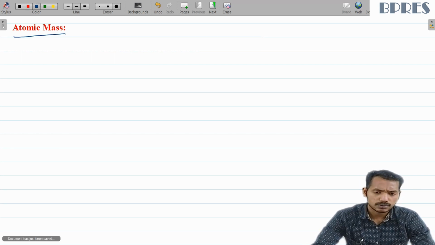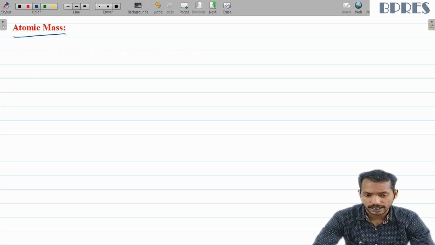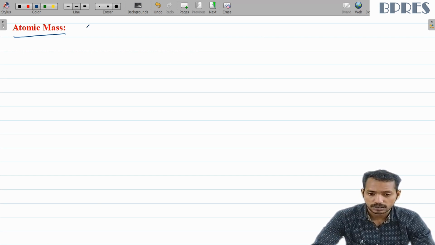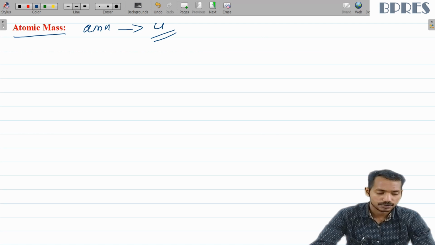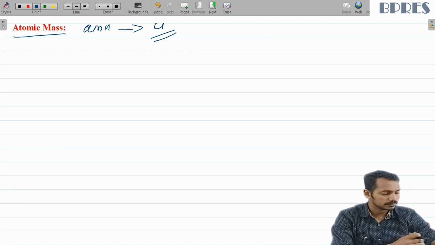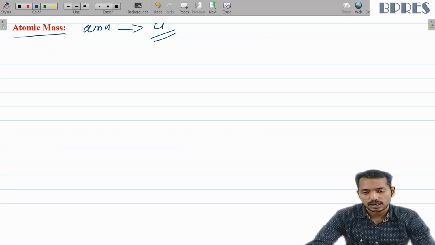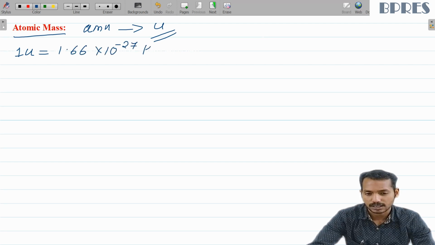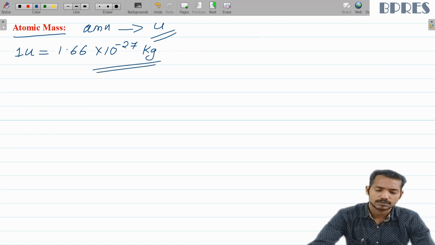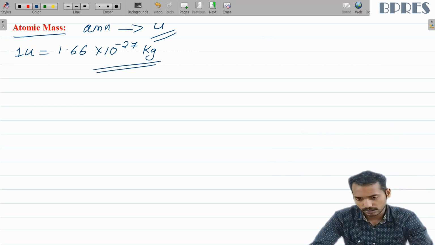Because of that, a new unit is introduced for measuring atomic mass, which is called the atomic mass unit, simply represented as u. If we convert this atomic mass unit into kilogram, 1 u is approximately equal to 1.66 into 10 raised to minus 27 kilogram. This is much smaller, because of that we introduced a small unit.